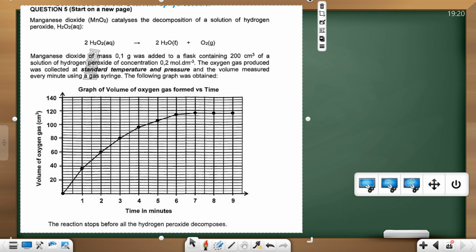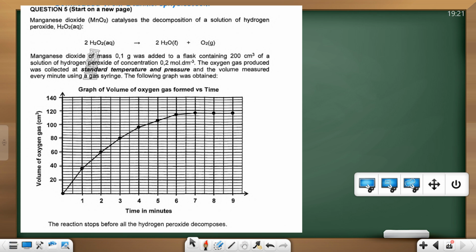Manganese dioxide catalyzes the decomposition of hydrogen peroxide. You will see that manganese dioxide is not even there. Basically, it's just a catalyst. Manganese dioxide of mass 0.1 kilogram was added to the flask containing 200 solution of hydrogen peroxide, concentration 0.2.